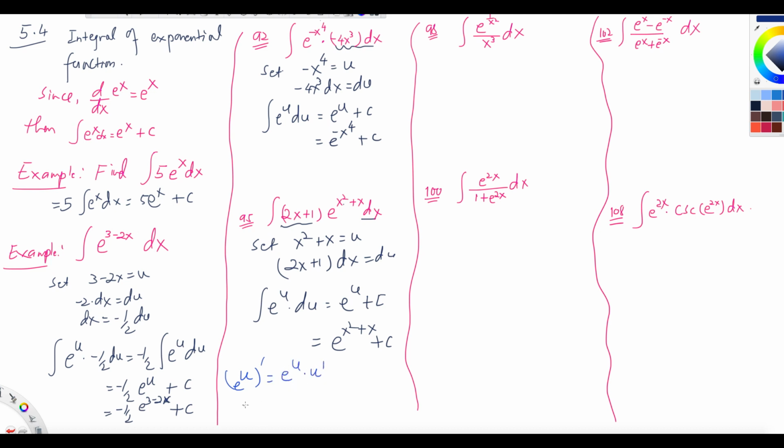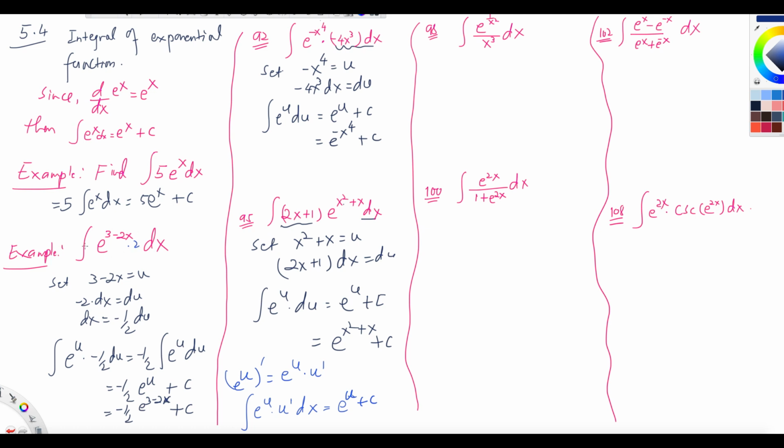So that's why the integral of e to the u times u prime dx equals e to the u plus c. You see here is e to the u times u prime dx. So what is u prime here? u prime is negative 2, so we need negative 2.